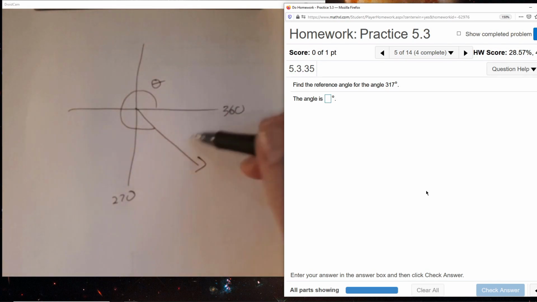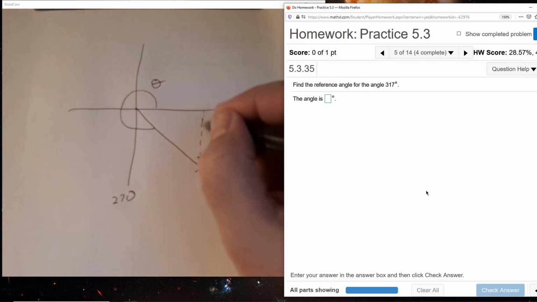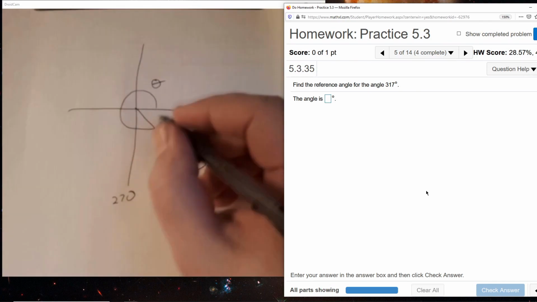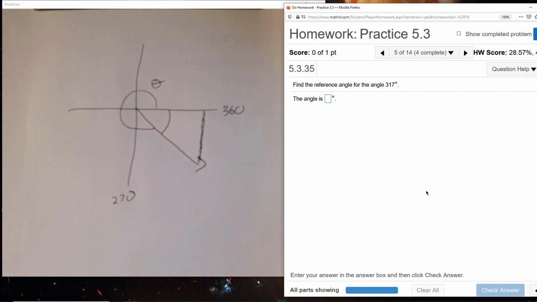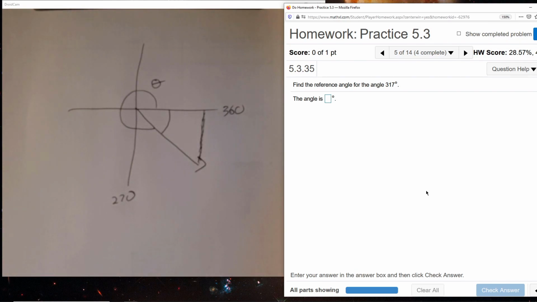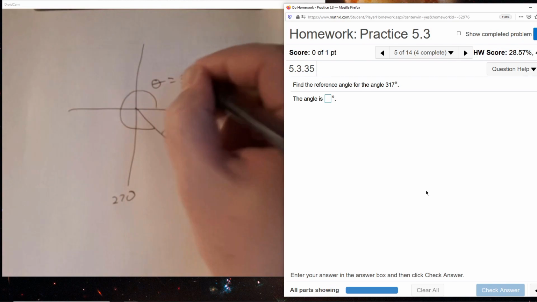So quadrant 4 means a quadrant 4 right triangle. So we always draw the line to the x-axis, which means we're looking for this angle here. That's the reference angle. So this whole angle here is 317.